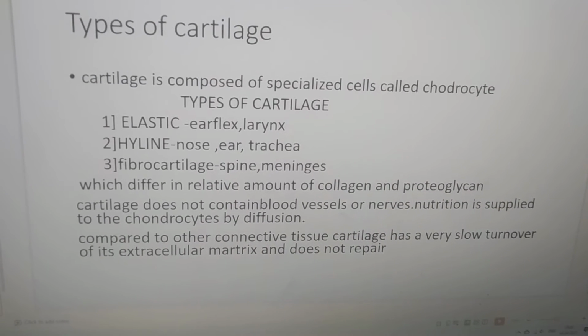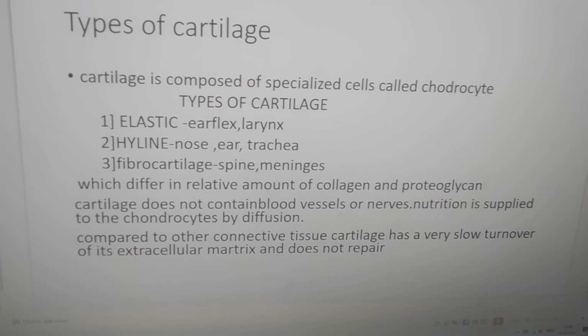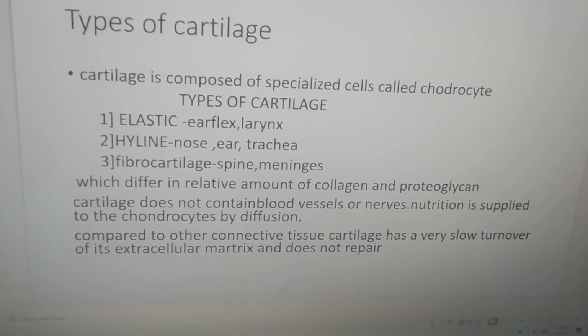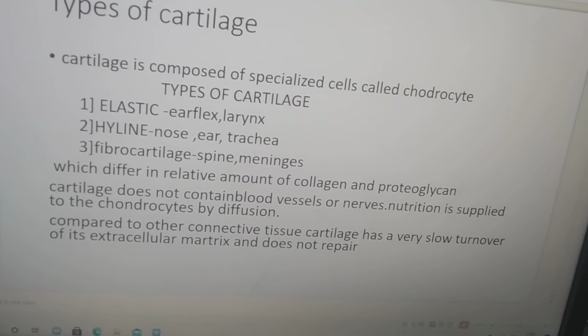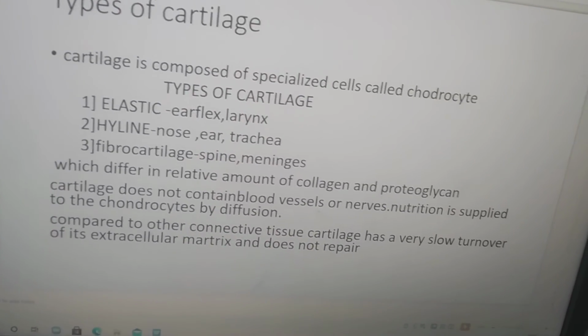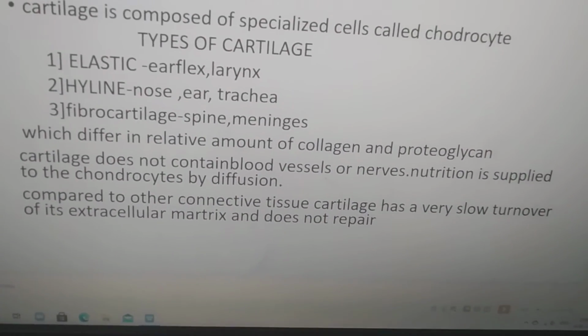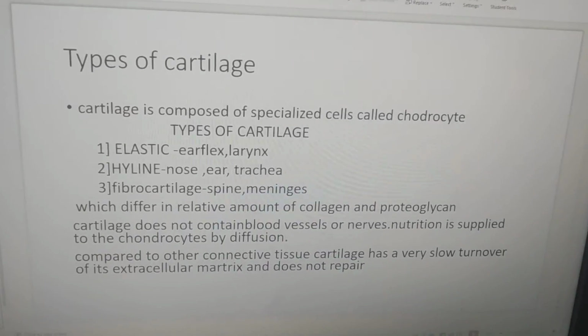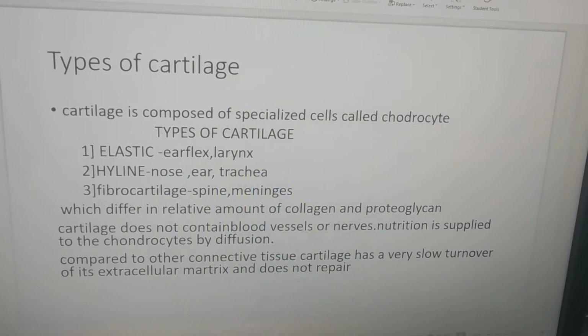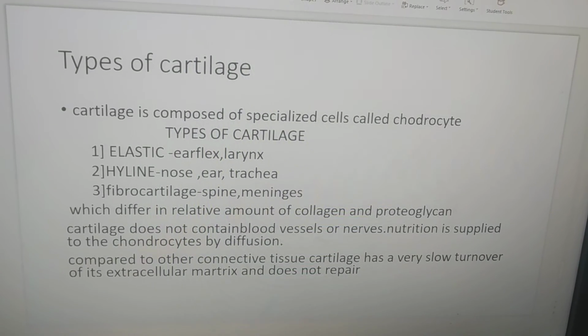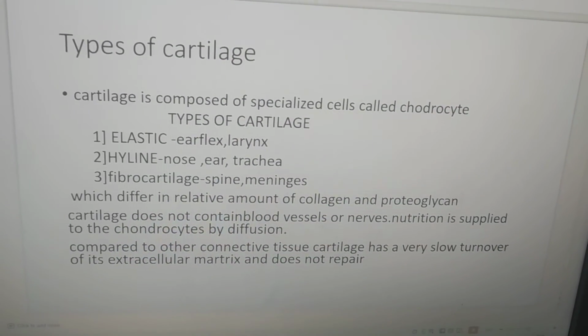Cartilage does not contain blood vessels or nerves. Nutrition is supplied to the chondrocytes by diffusion.